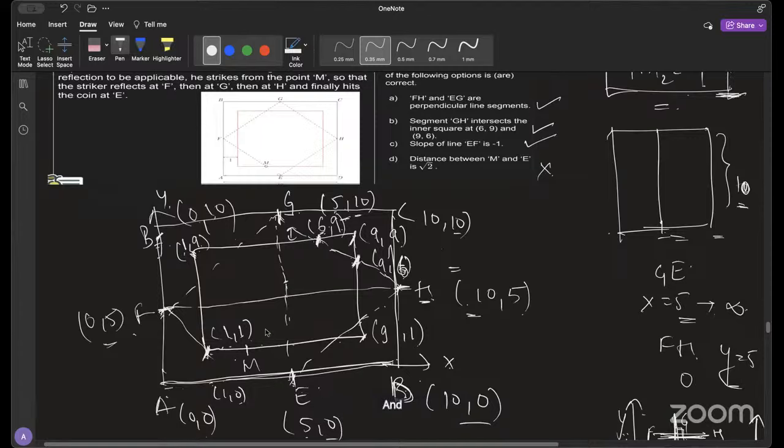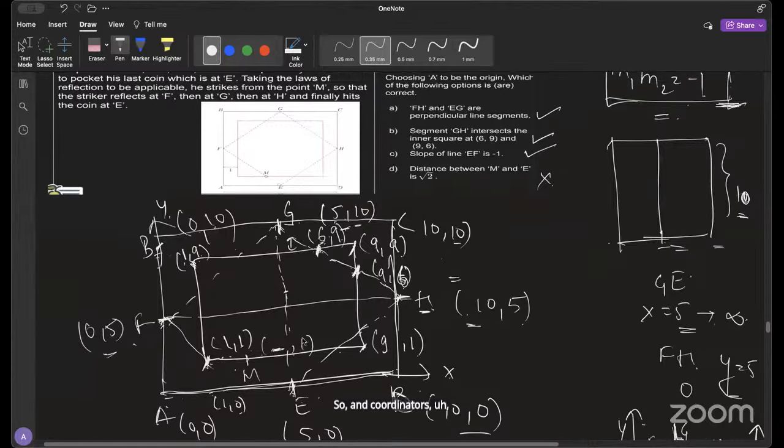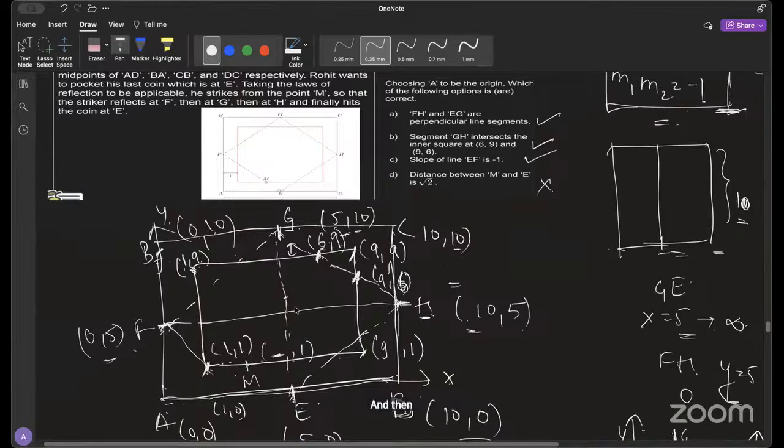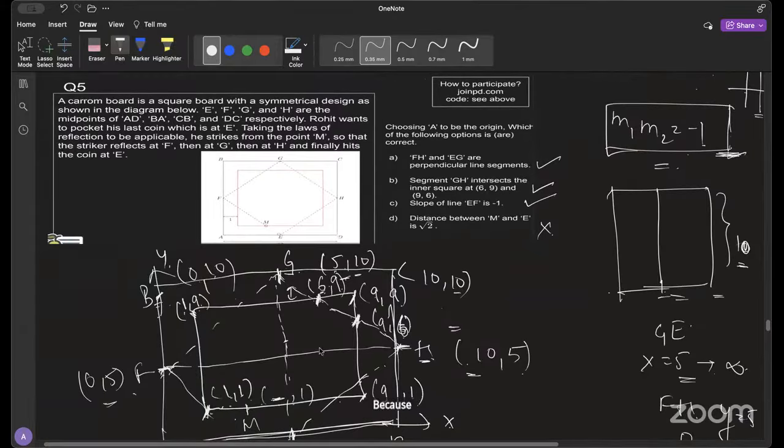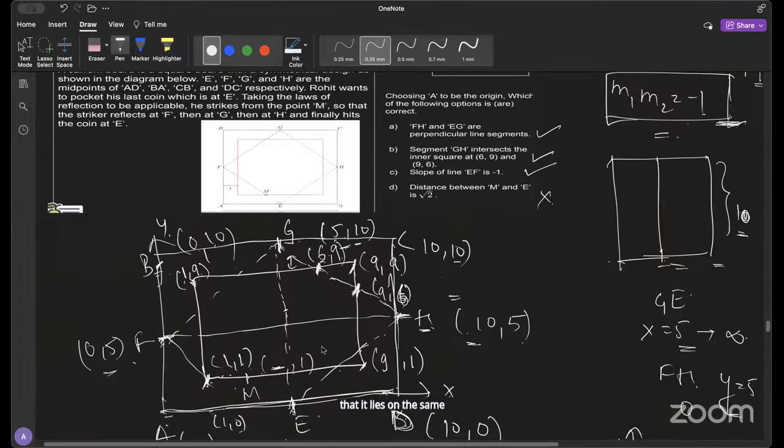And this line is of the form something comma 1. So your M coordinate is this thing comma 1. And then unless we assume that M lies on FE, because it's not given in the question, right? That it lies on the same line as FE.